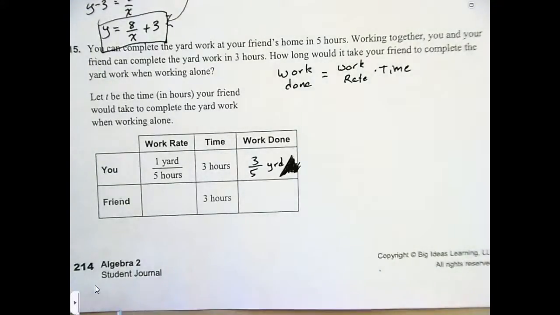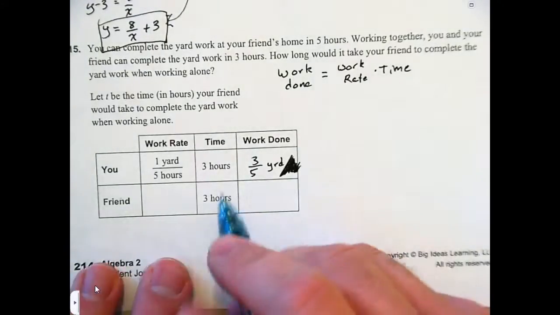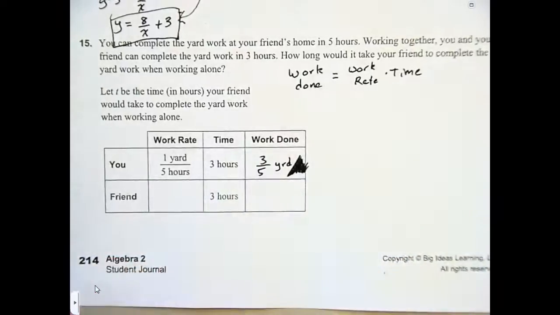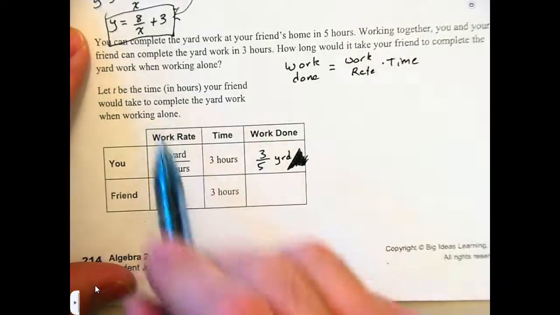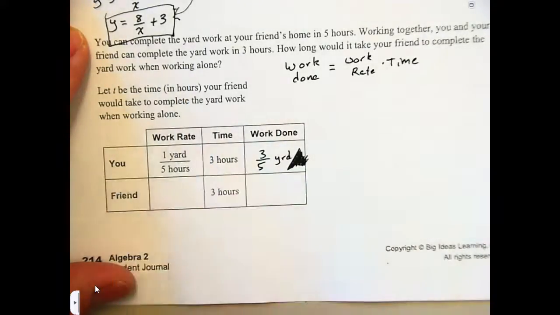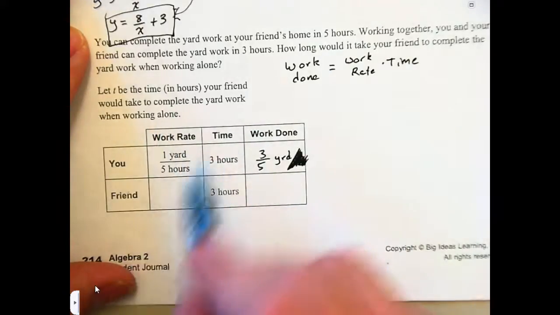Doesn't mean your friend is lazy. Just means they're slow. Okay? Your friend. We don't know your friend in terms of how much. We're saying let T be the number of hours that you and your friend take to complete the work.